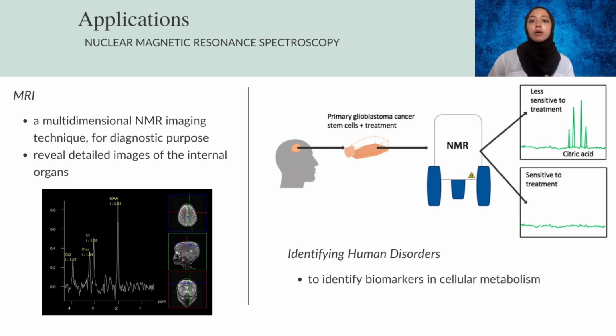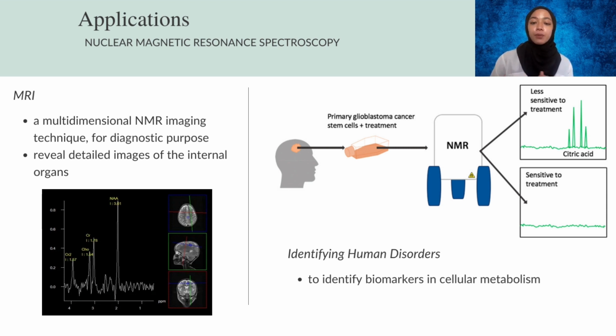Second, NMR can also be used to identify human disorders. It is an invaluable tool for identifying human disorders. Cellular metabolism contains important biomarkers that are used to diagnose a wide range of conditions, including tuberculosis, pneumonia, and malaria.